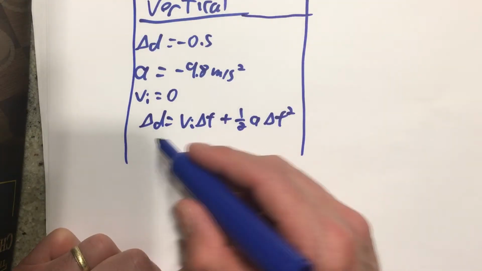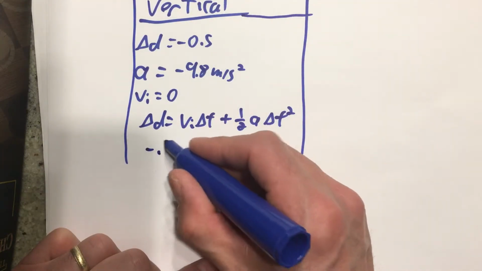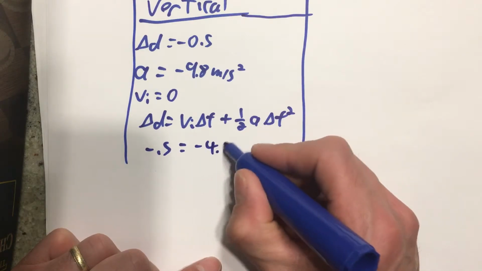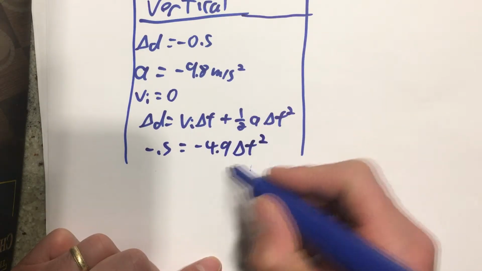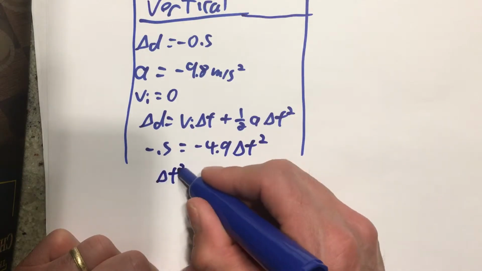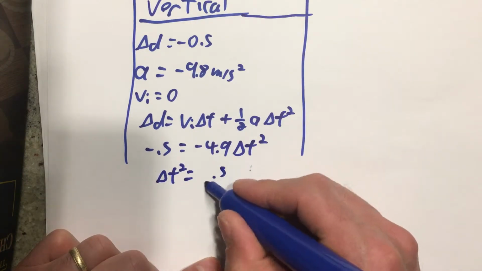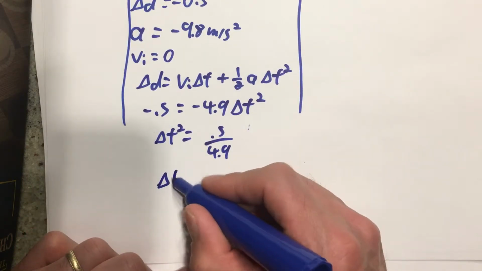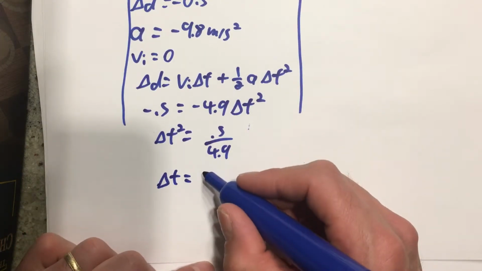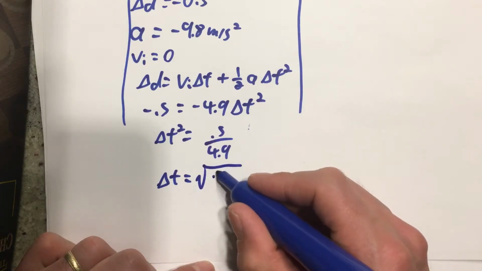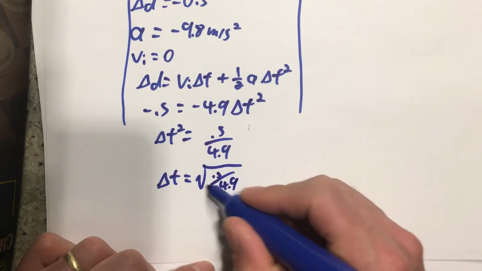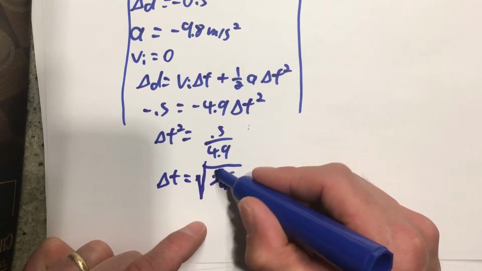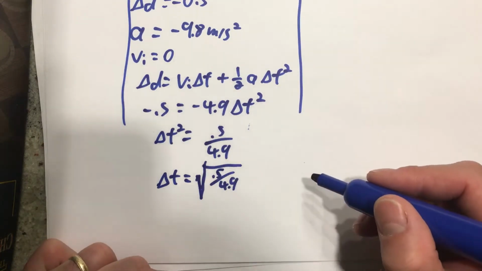Our initial velocity is 0, so this will simplify to negative 0.5 is equal to negative 4.9 delta t squared, or delta t squared is 0.5 over 4.9, making delta t equal to the square root of 0.5 over 4.9. That square root covers the entire fraction, so we're going to evaluate the fraction and then take the square root.